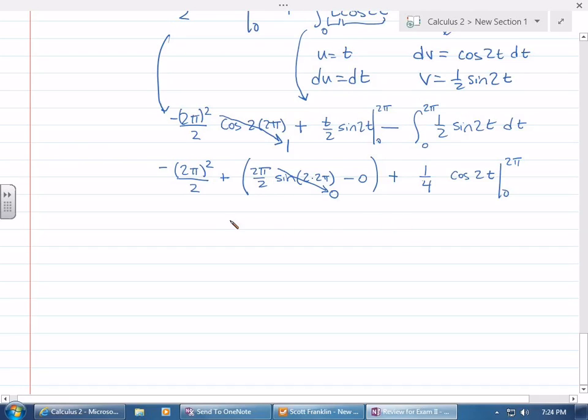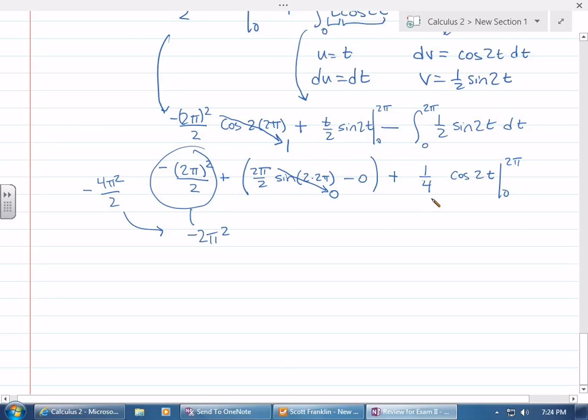Cosine of 0 is 1. Because this right here is negative 2 pi squared, because that's a negative out front, 4 pi squared on top over 2, which gives me negative 2 pi squared. I got 0 here, I got 0 here. Oh, because the 0. Okay, I got it. We're good. Fine. All right, plug in the 2 pi.